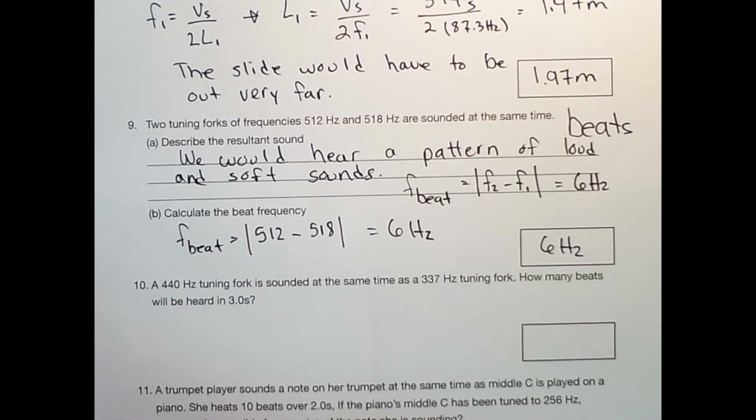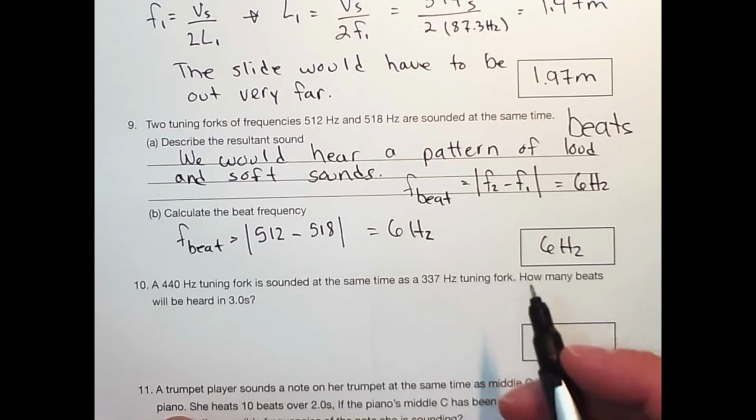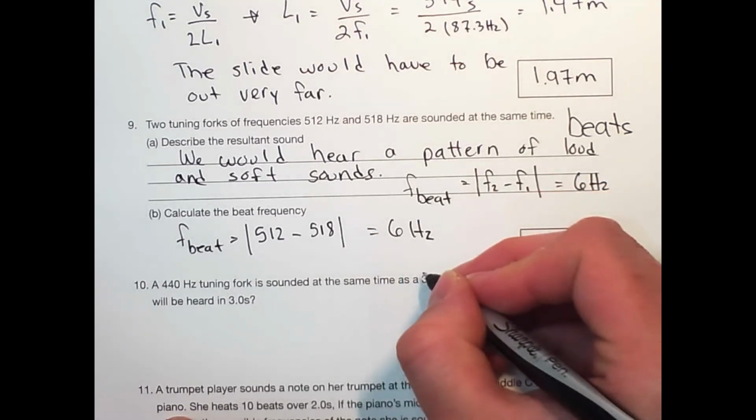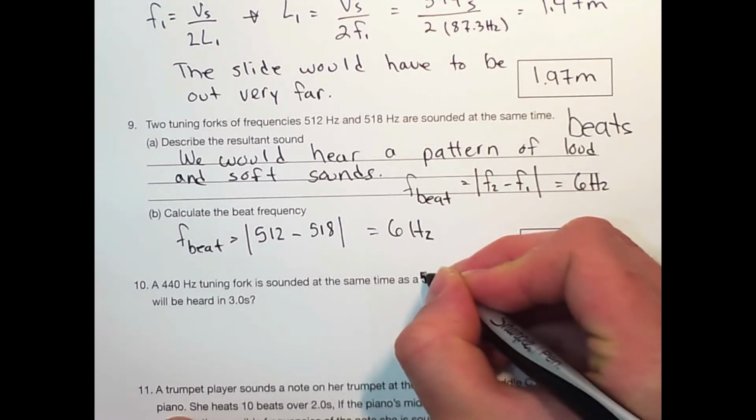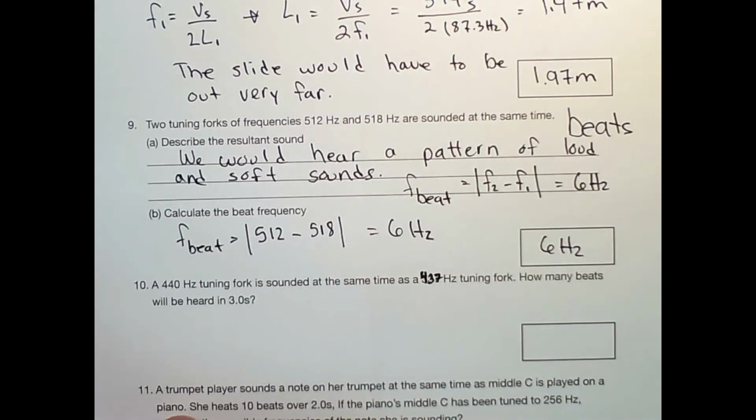A 440 hertz tuning fork is sounded at the same time as a 337 hertz tuning fork. How many beats would be heard in 3 seconds? Again, I think I have a typo here. Let's make this 437, since 337 would be too far away. So at 437, how many beats would be heard?